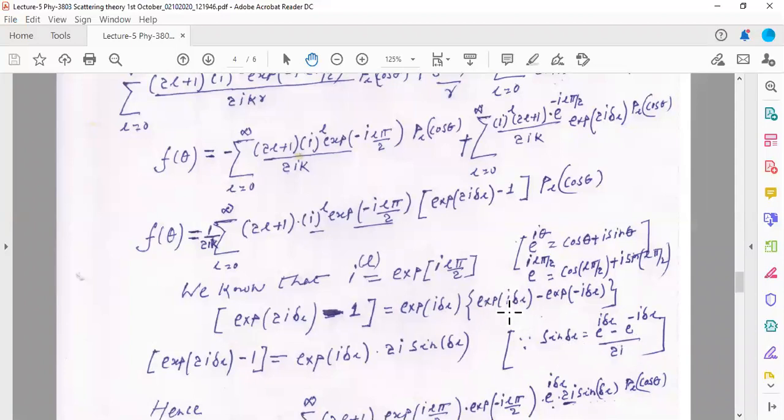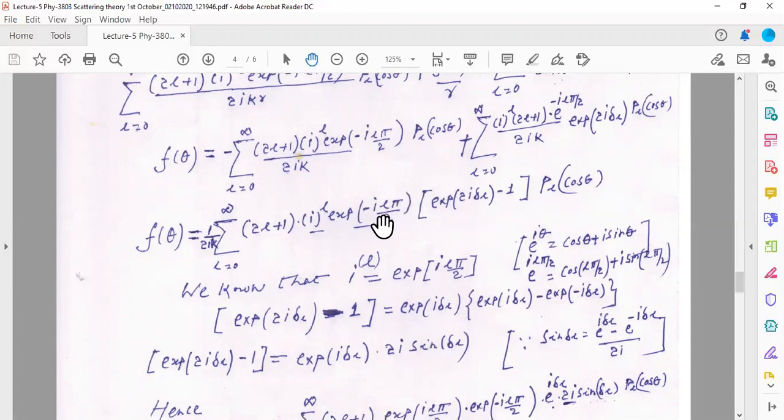So I write down 2i sin delta L, correct? You see here. So this is okay.